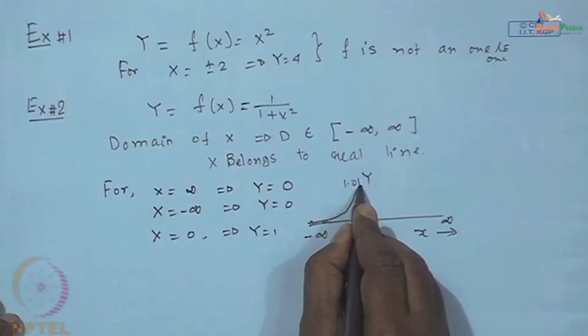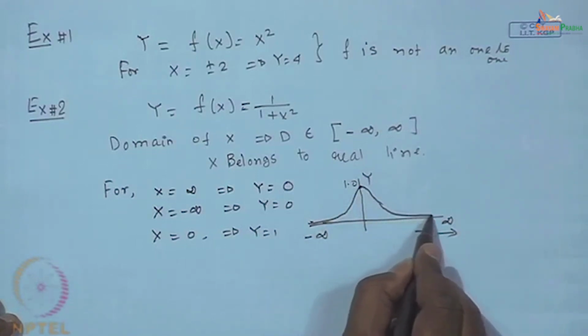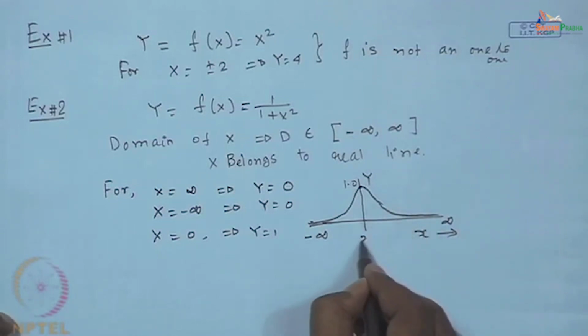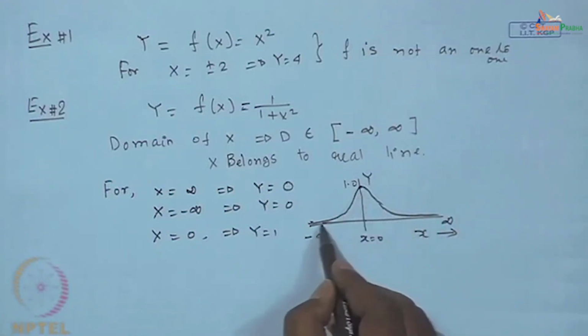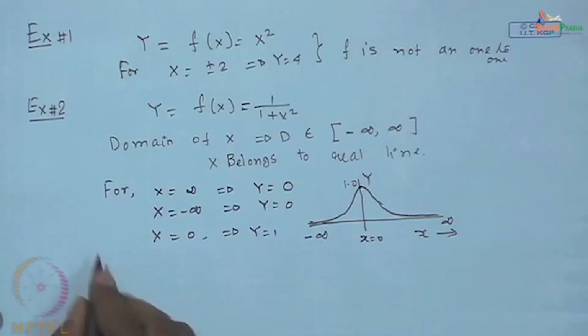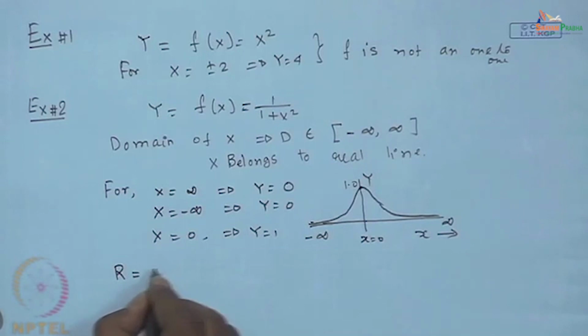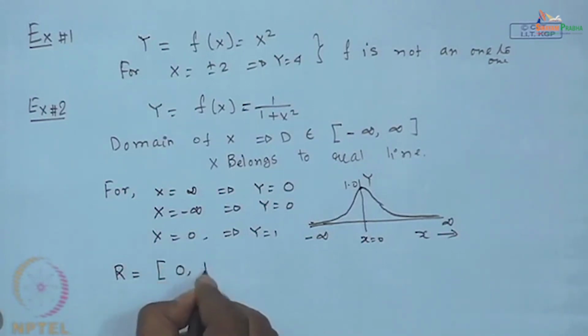It will have a maximum at x is equal to 0, and its value asymptotically goes down to 0 when x is approaching plus infinity or minus infinity. So, therefore, the range of y is nothing but from 0 to 1.